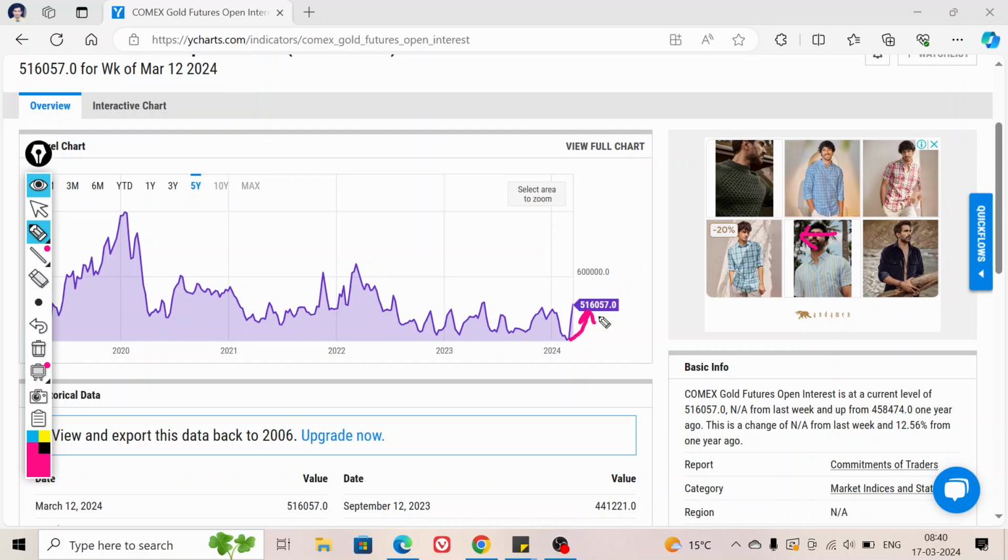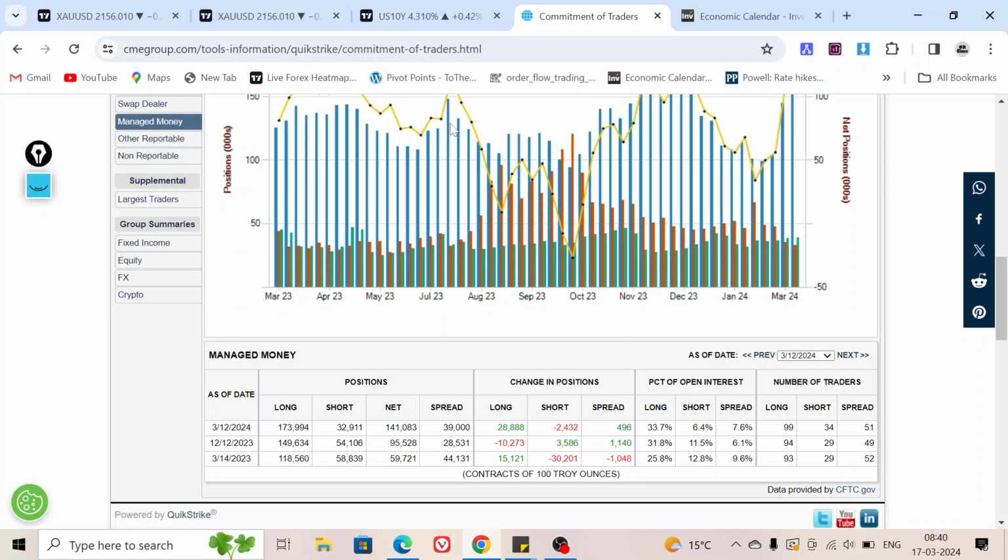So from the perspective of open interest and the COT report, both indicate that the current movement is bullish, or bulls favored.